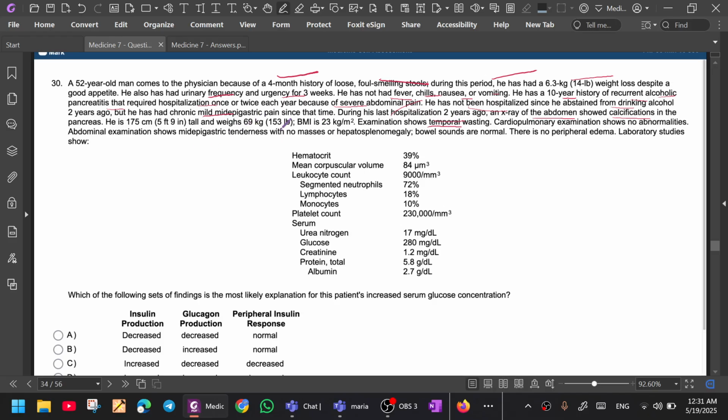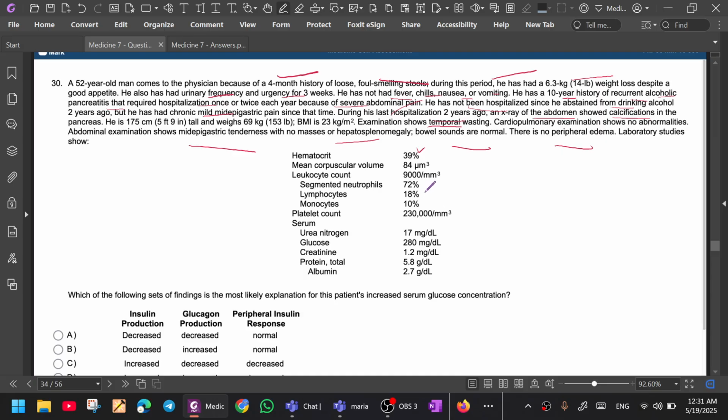BMI is fine. Exam shows temporal wasting. Cardiopulmonary exam is fine. Abdomen shows mid-epigastric tenderness and no masses. No hepatosplenomegaly. Bowel sounds normal. There is no peripheral edema. Labs, hematocrit, I believe that's low. MCV is normal. Leukocyte count, normal. Segmented neutrophils, I believe this is high.